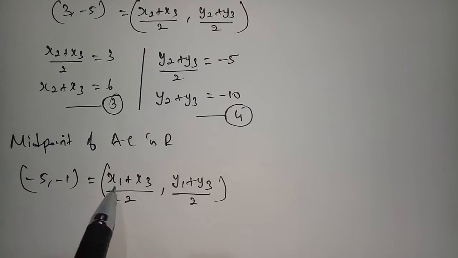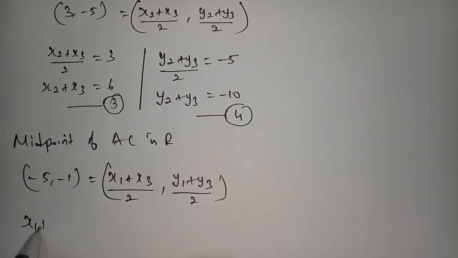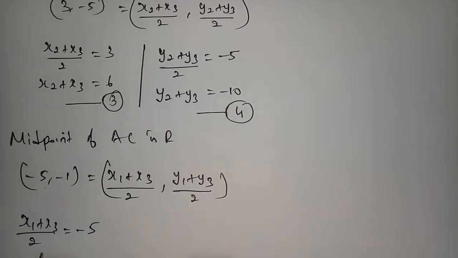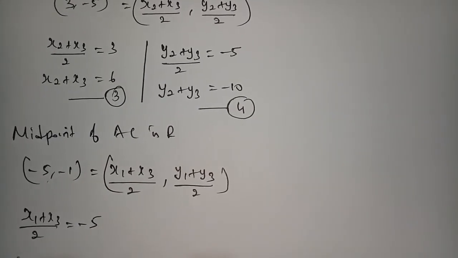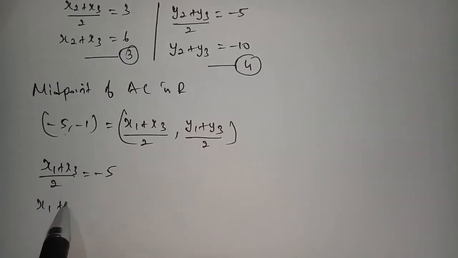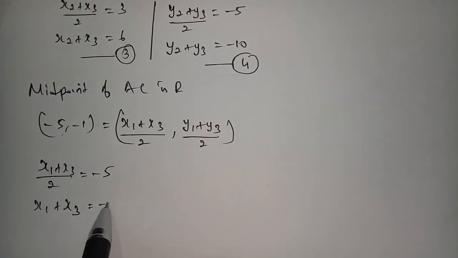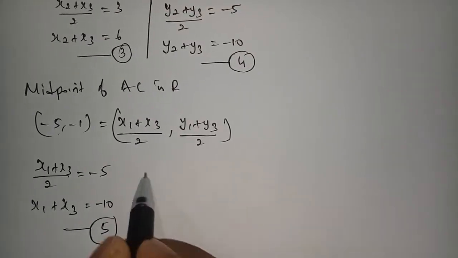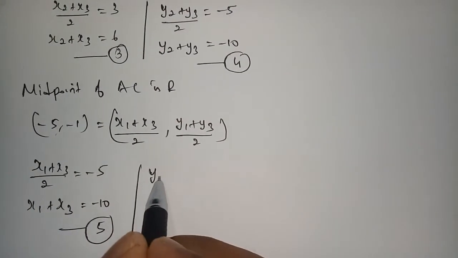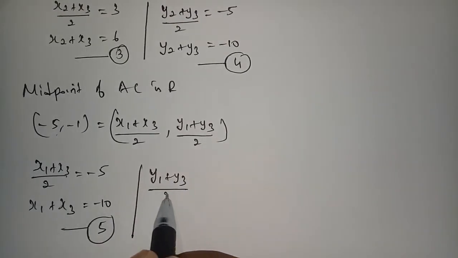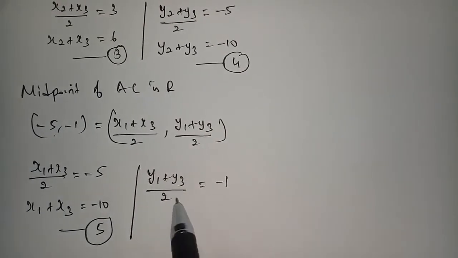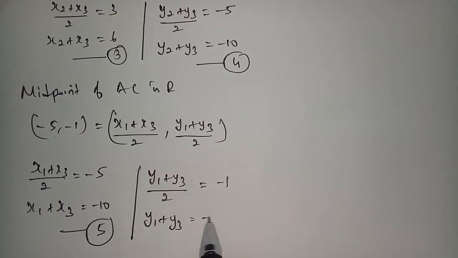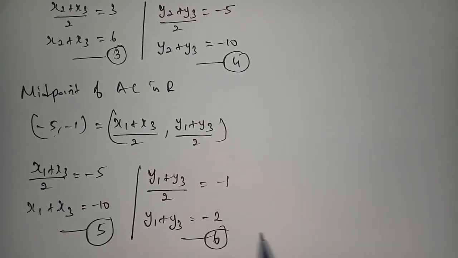Now (x1 plus x3) by 2 is equal to -5. Cross multiply, and x1 plus x3 is equal to -10. This is equation number 5. Same thing, (y1 plus y3) by 2 is equal to -1. When you cross multiply, y1 plus y3 is equal to -2. This is equation number 6.